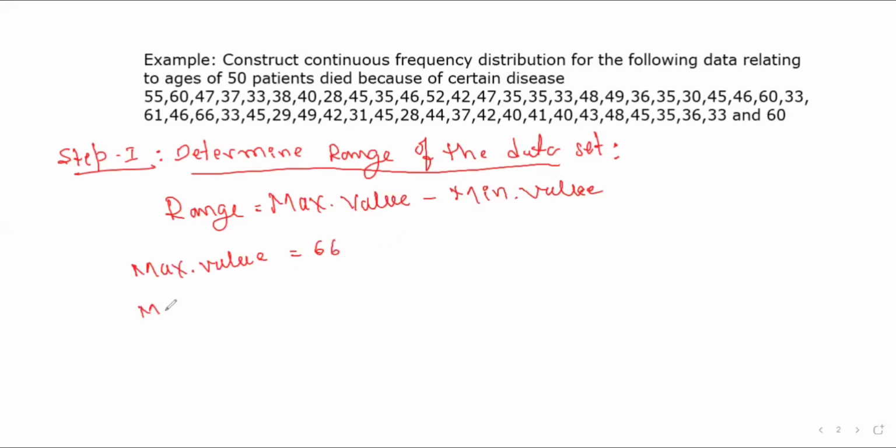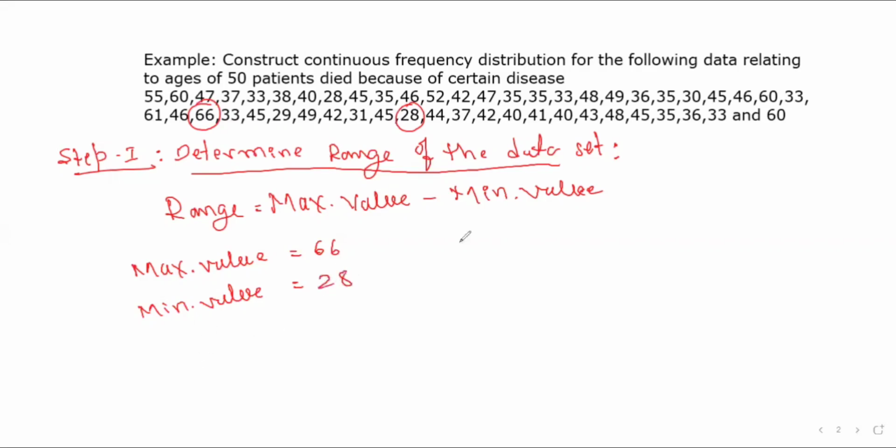Next, we need to search for the minimum value in the data set, which is the smallest. By observation, the smallest is 28, and the maximum is 66.